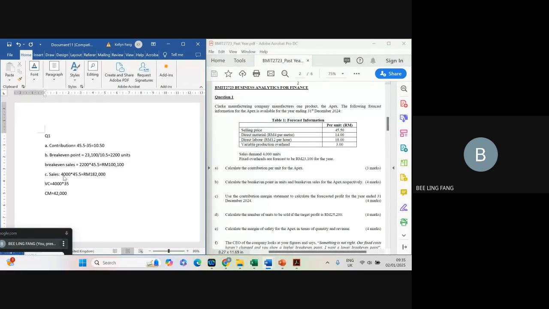So I have to minus this one. So that means you have sales, sales minus the variable cost equals contribution margin, right? Remember, this is sales minus the VC formula. Let's put like this.